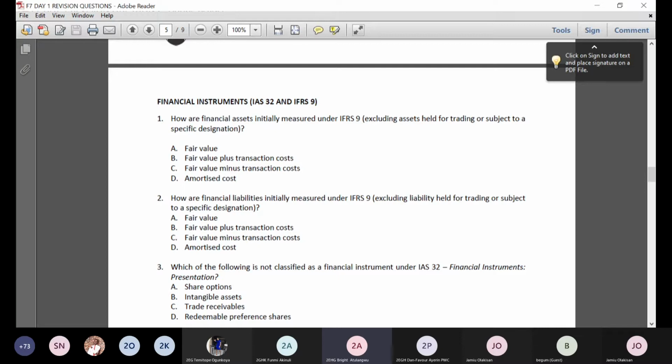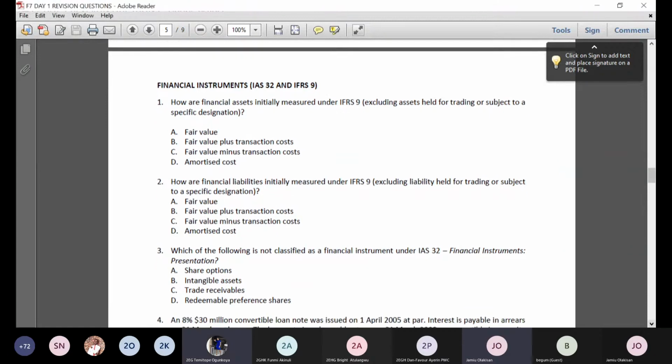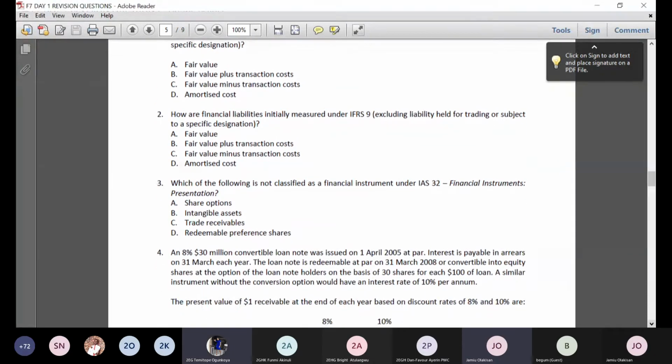I choose C, fair value minus transaction costs. Okay, you choose C. Do you guys agree with him? Anybody with a contrary view? No. Because I've just said this today, the correct answer is C.